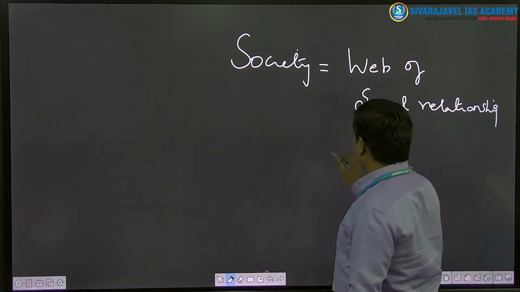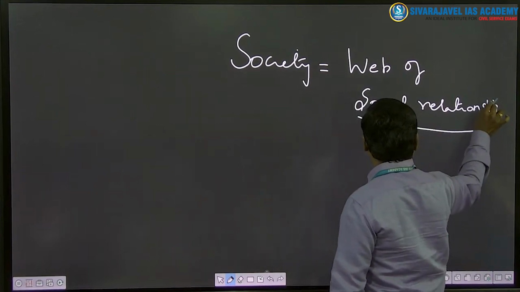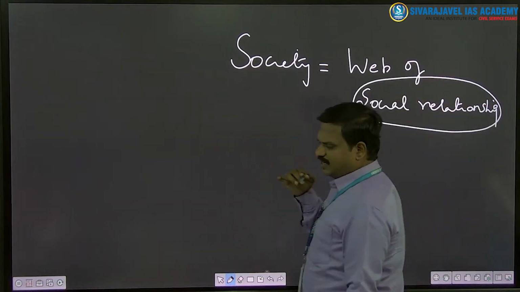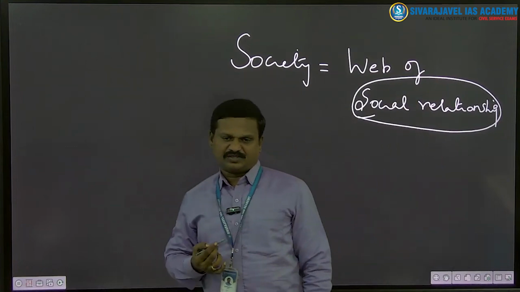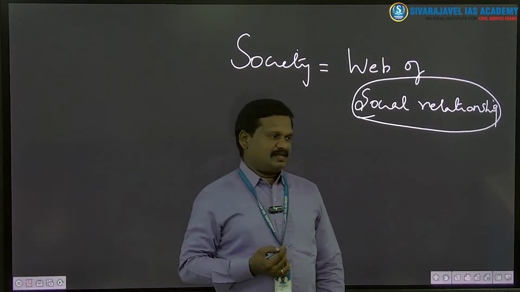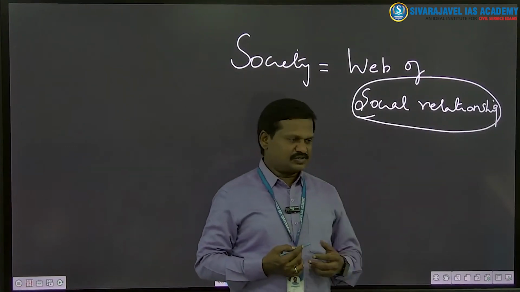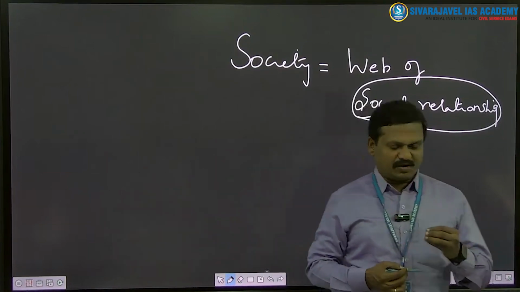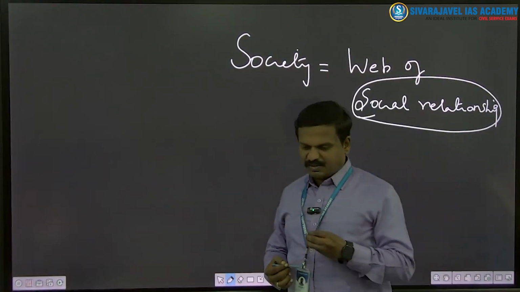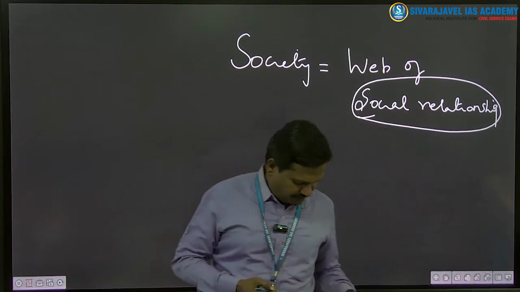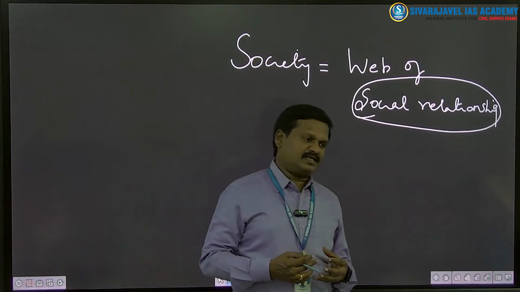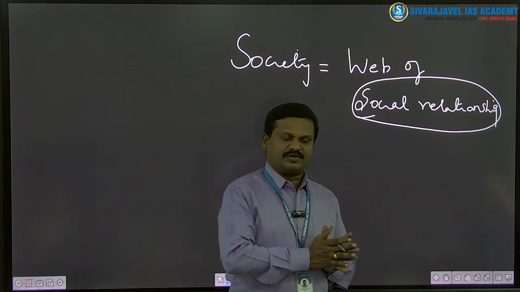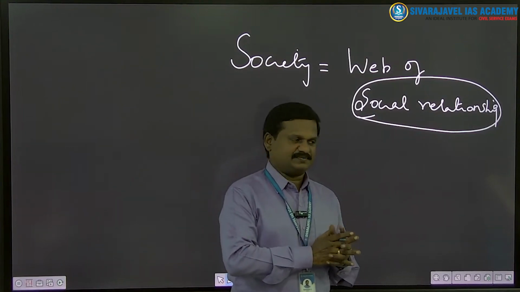To be called a society, it should have social relationships. There are many types of social relationships. There may be familial, religious, economic, or political relationships. So we have so many social relationships which together constitute this society.